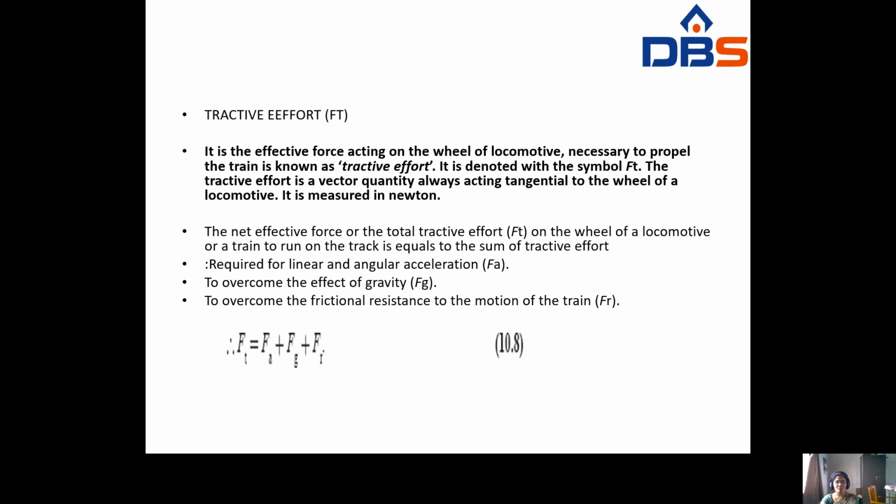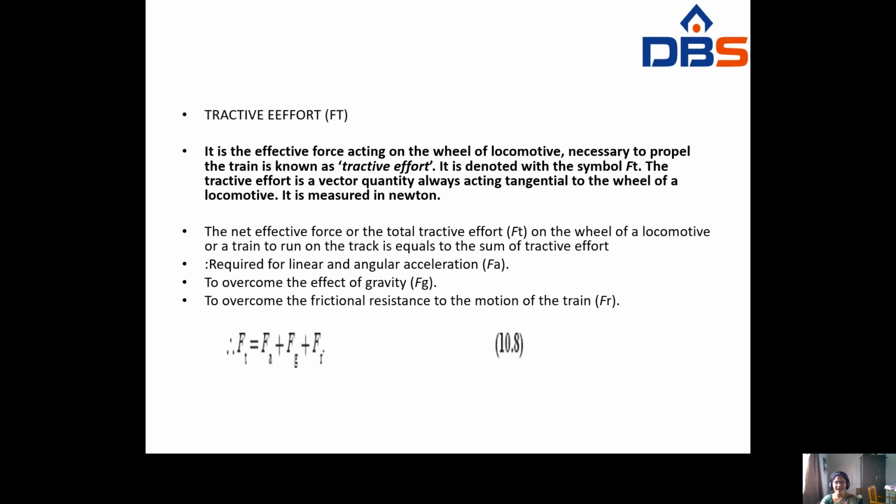The net effective force, or the total tractive effort Ft, acting on the wheel of the locomotive for the train to run on the track, is equal to the sum of the forces required for linear and angular acceleration.